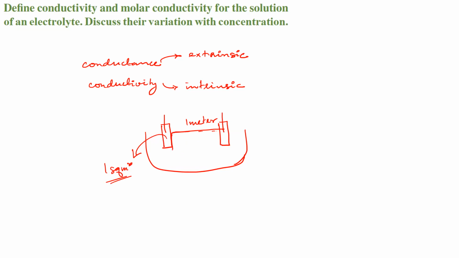then whatever conductance is between these two electrodes, this specific conductance, in which you have a particular distance between electrodes and electrodes of a particular area, is known as conductivity.